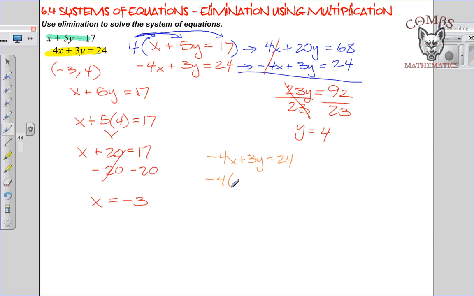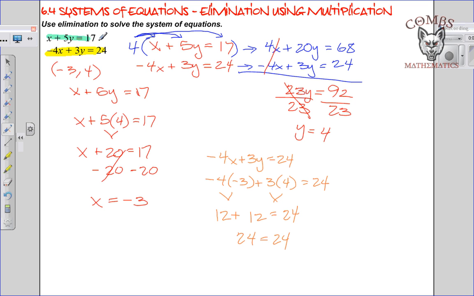Negative 4 times negative 3 plus 3 times 4 equals 24. Let's see if that checks out. Negative 4 times negative 3 is 12. 3 times 4 is 12. And 12 plus 12 is 24. So, your solution checks out.